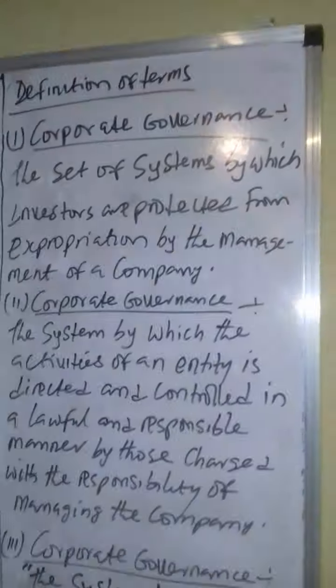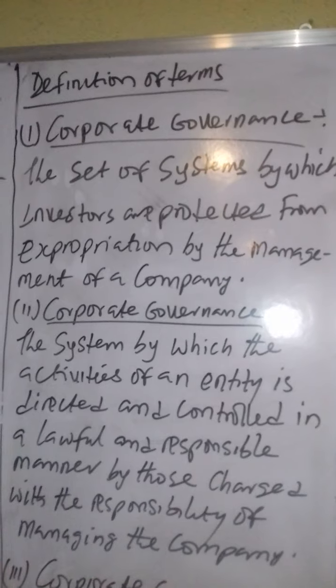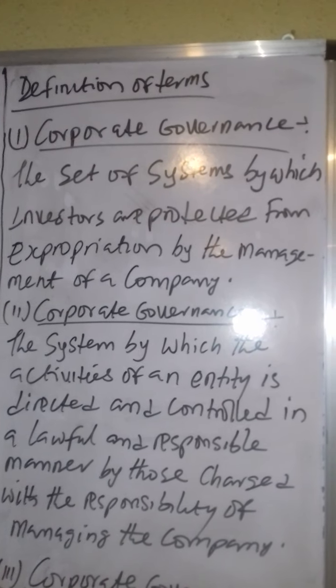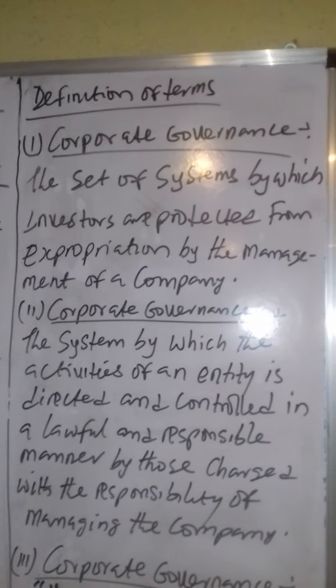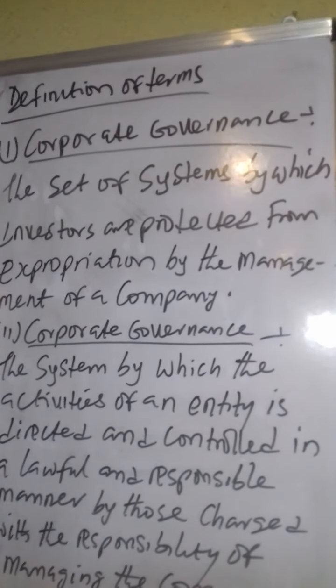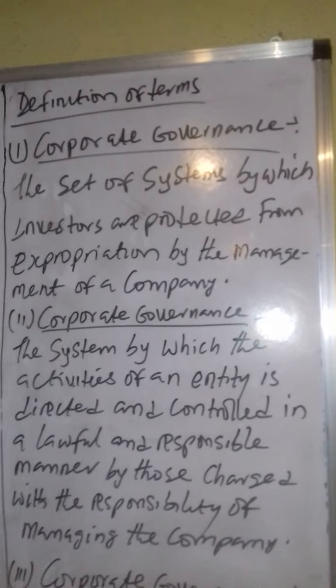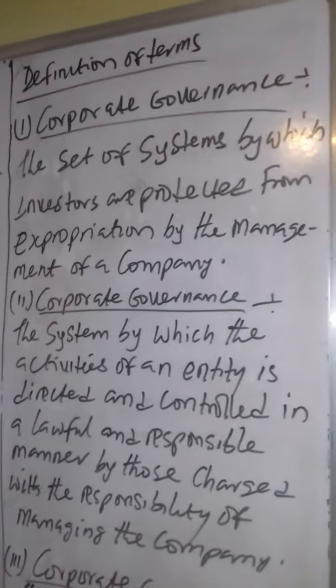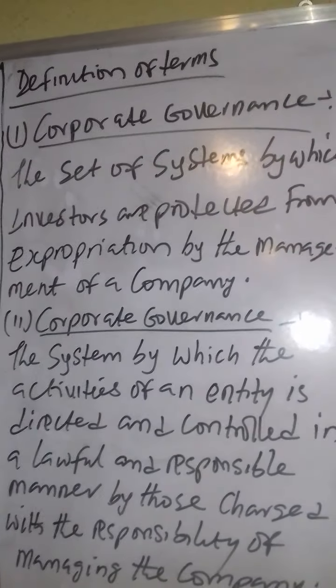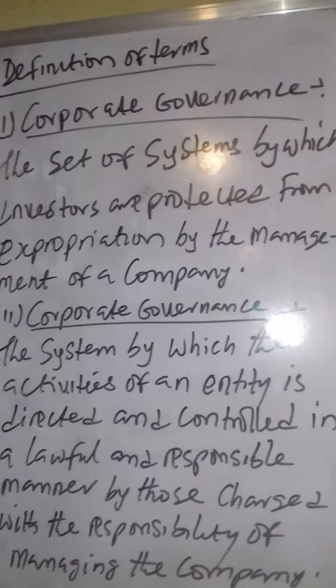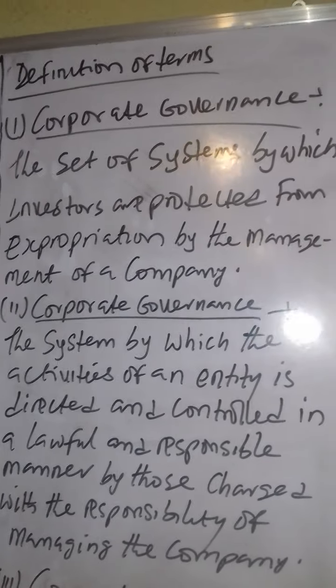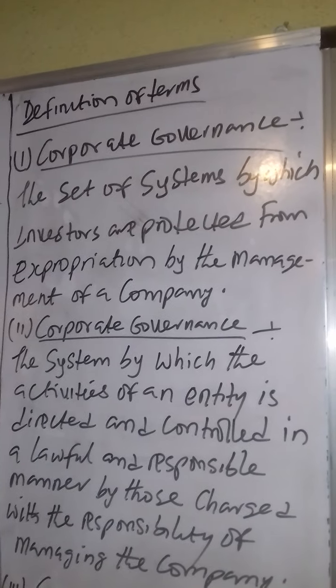All right, I want to show you three definitions of corporate governance. The first is, we say corporate governance is the set of systems by which investors are protected from expropriation by the management of an entity or a company.